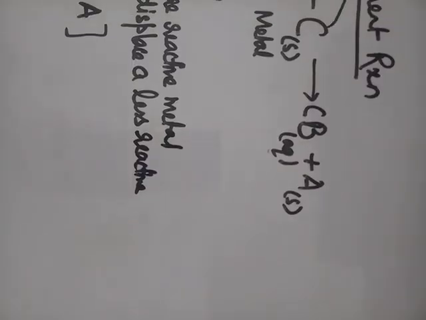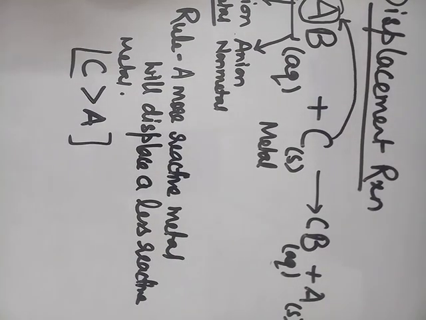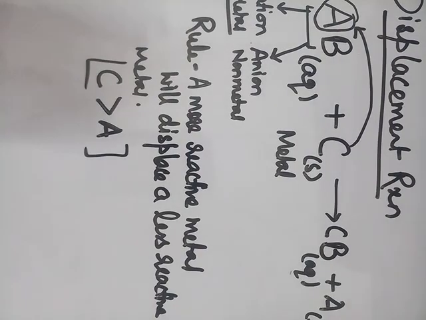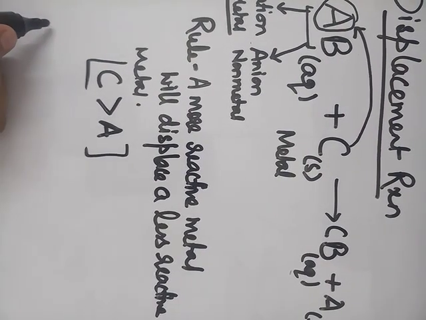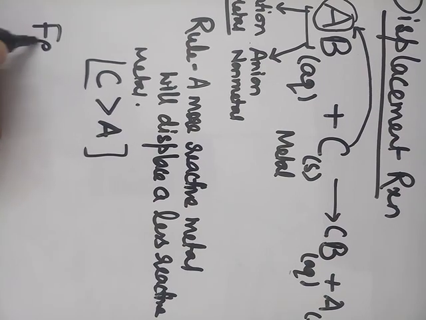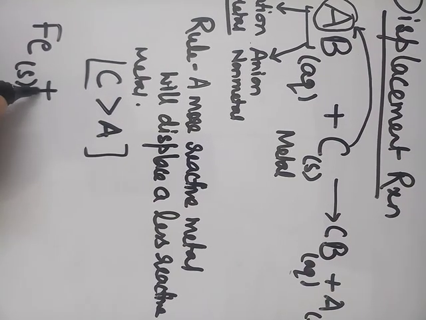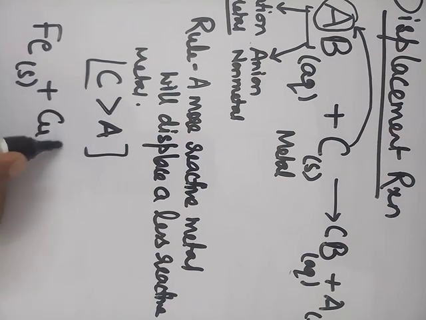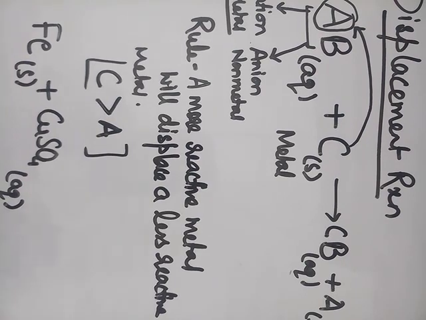So let's see one example. Iron in the solid form plus copper sulfate. This is the salt in the aqueous form. This is a blue color solution.